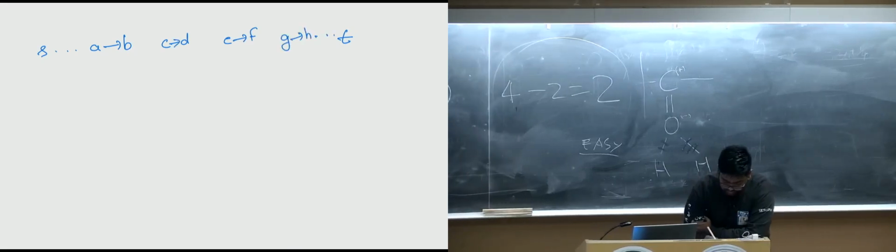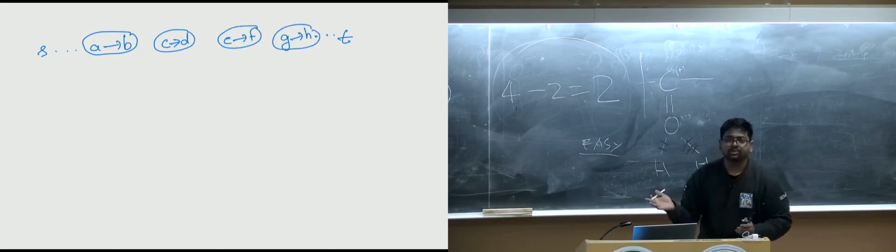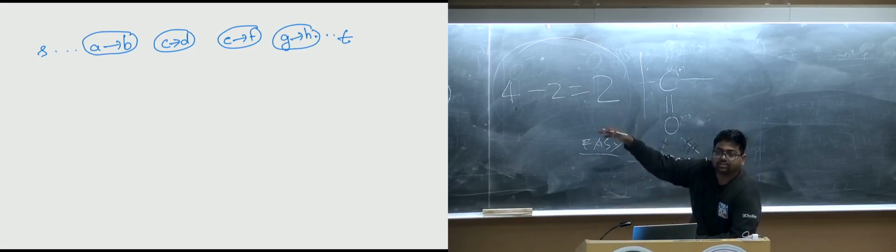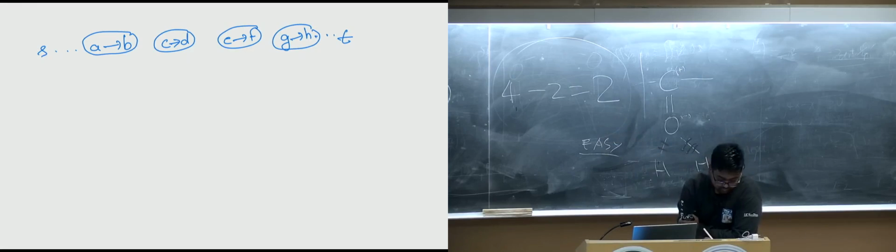Maybe I can try to explain it in a different way. So let's say we have this walk from S to T in G, and let's say we have some edges that look like this: A to B, C to D, E to F, G to H. Okay, so these are the edges labeled 1, and they will always be even. Let's say there is a walk, so it has to be even, right? If the walk satisfies all the conditions, the count of these things should be even. So if we create a G prime here, it will look something like this.